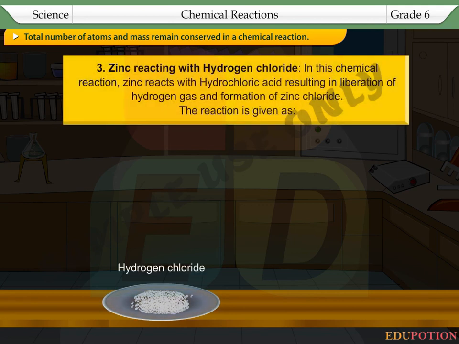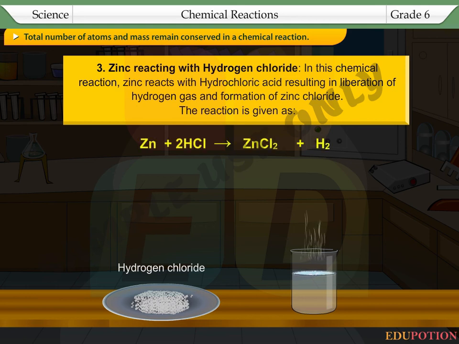The third example is zinc reacting with hydrogen chloride. In this chemical reaction, zinc reacts with hydrochloric acid, resulting in the liberation of hydrogen gas and formation of zinc chloride. The reaction is given as Zn plus 2HCl gives ZnCl2 plus H2.